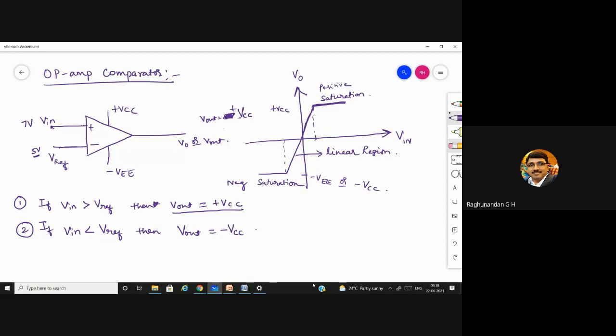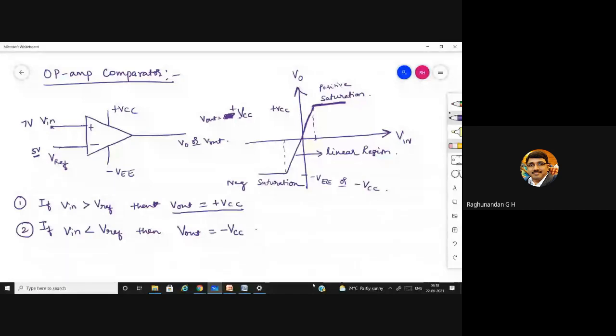I hope you remember reverse recovery time. Can anyone tell me what is reverse recovery time? The time required for the current to reach its saturation level. Yes, very good. In the same way here, even the op-amp requires some time to shift from positive saturation to negative saturation.